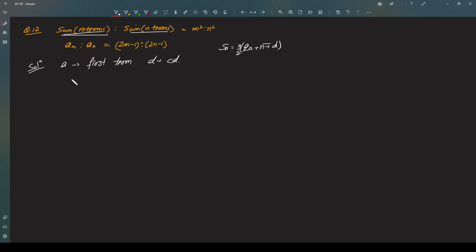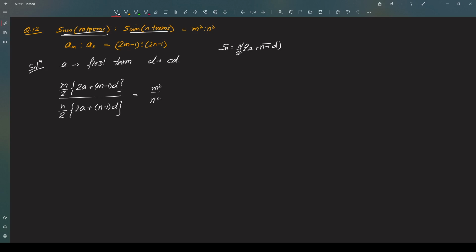So that means m by 2 into 2a plus m minus 1 d, divided by n by 2 into 2a plus n minus 1 d, right? This ratio is m square divided by n square.